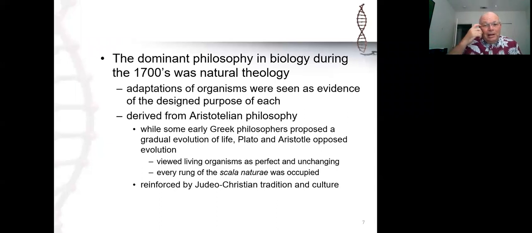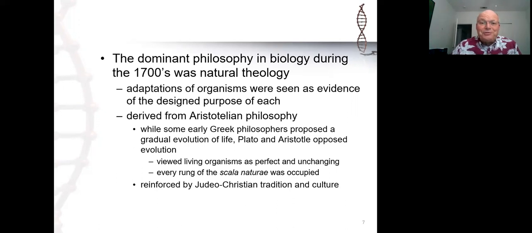And so these ideas became firmed up in the thinking and dominated everyone's thinking, but it didn't preclude people from thinking otherwise. And so we don't have to look very far from Darwin to see people thinking that perhaps that philosophy might not be accurate, that there might be another way of looking at the origin of life on Earth.